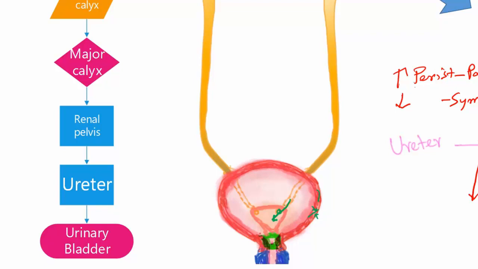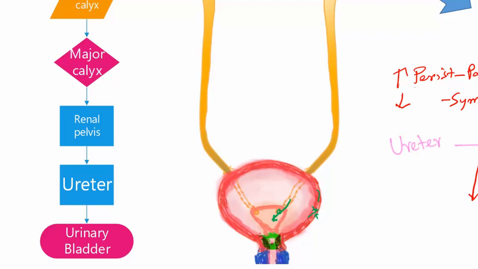In some people, the length of the ureter inside the bladder wall that passes obliquely is less than normal. So when there is increased pressure inside the bladder or during micturition, sometimes the ureter is not closed completely.